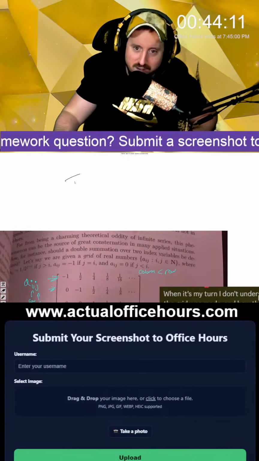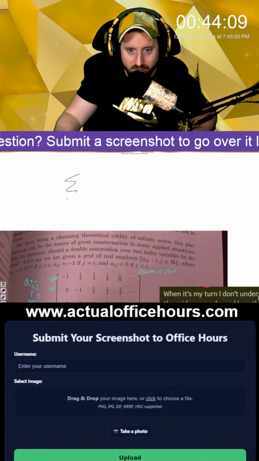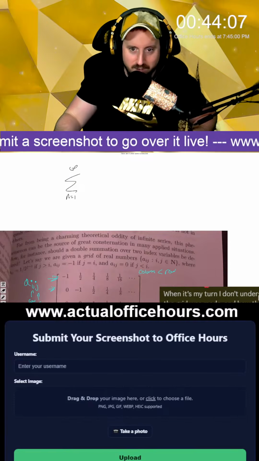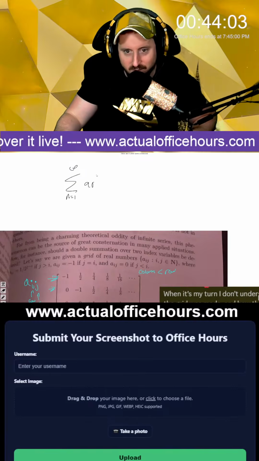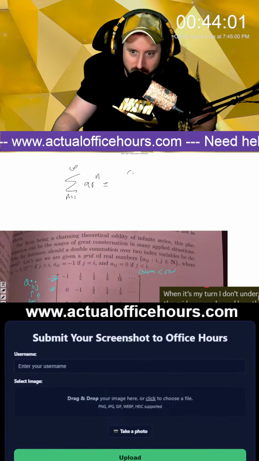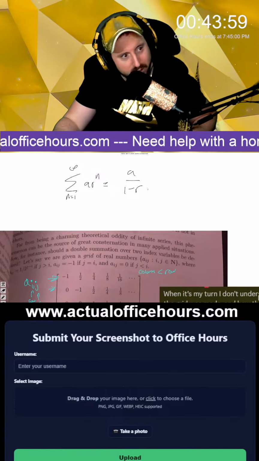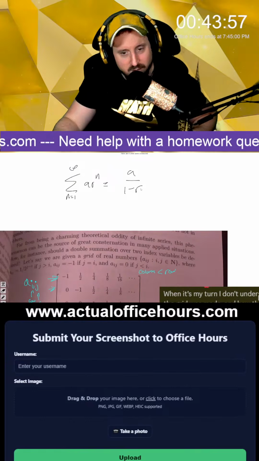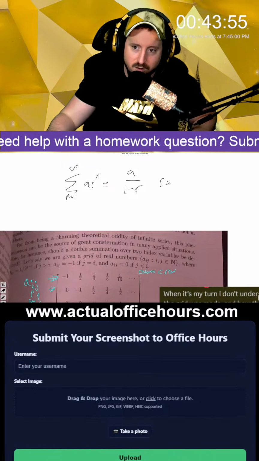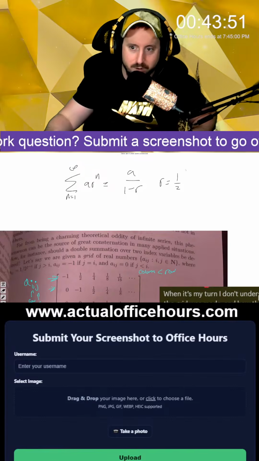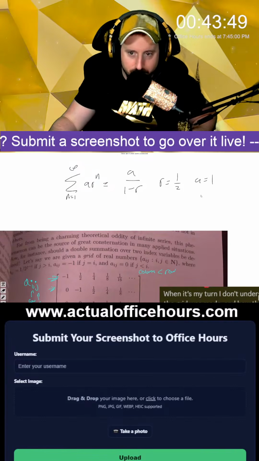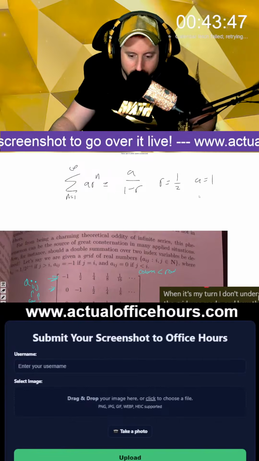Right, okay. So the sum for n equals 1 to infinity of a r to the n is equal to a over 1 minus r, right? I always forget this. In this case, the ratio r is equal to 1/2, and a is equal to, the first term is 1/2.